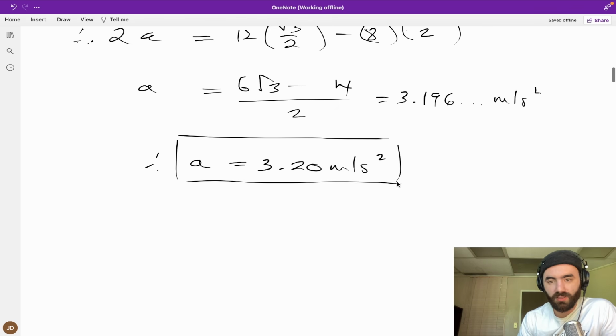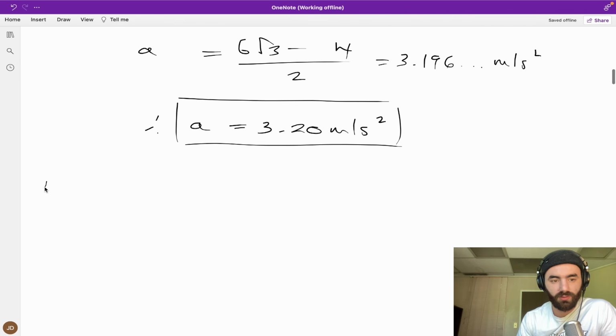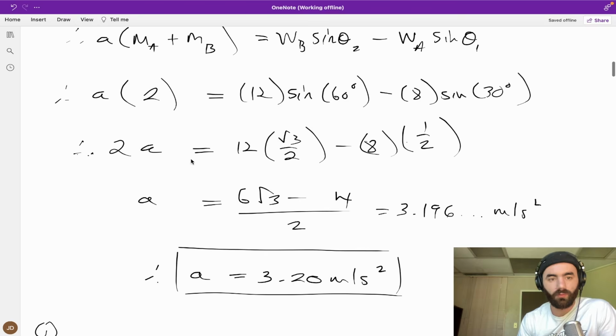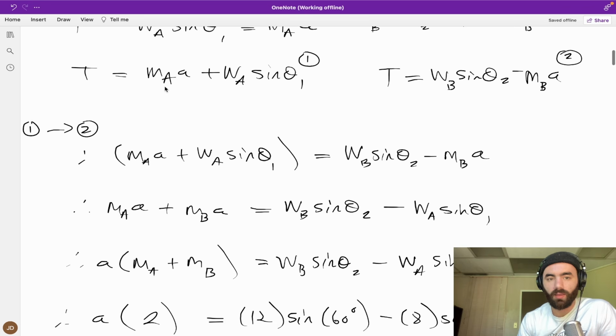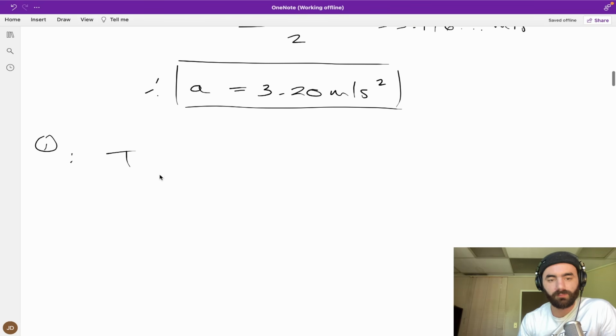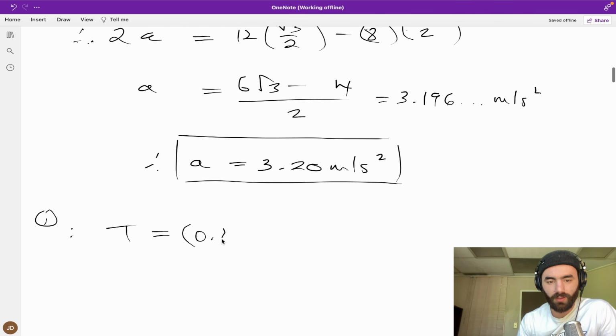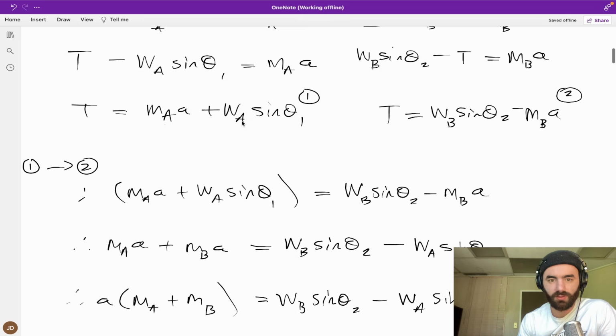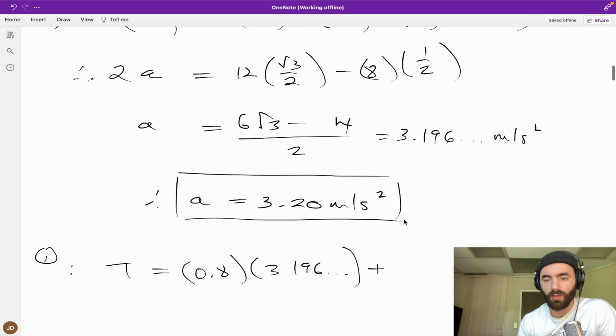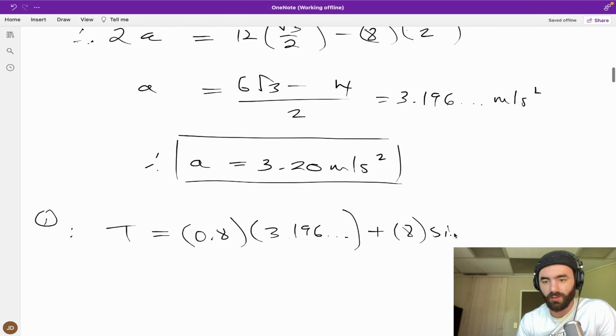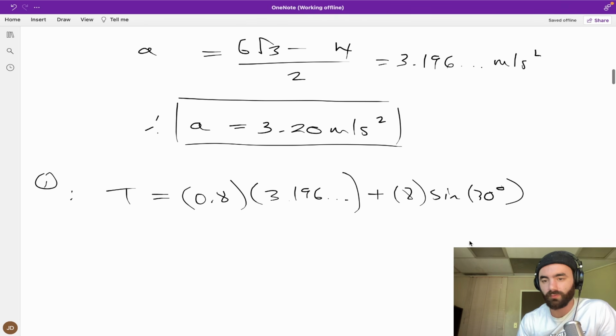And then to find the tension, we just substitute back into one of those equations. Let's substitute into 1. Tension will be MA times A plus WA sine theta 1. MA was 0.8, right? Yep, so 0.8 times 3.196. You want to be careful about the rounding. WA will be just 8, times sine theta 1, which is 30 degrees, so that's a half.